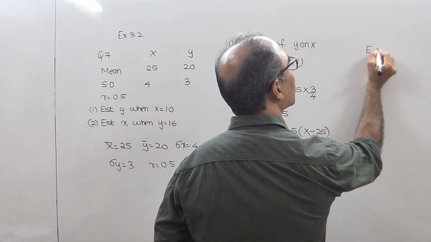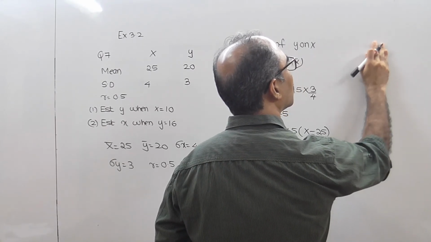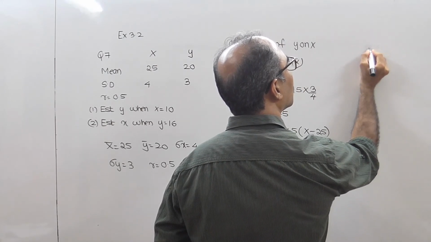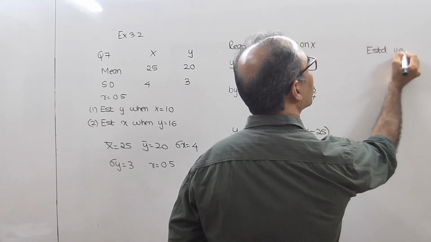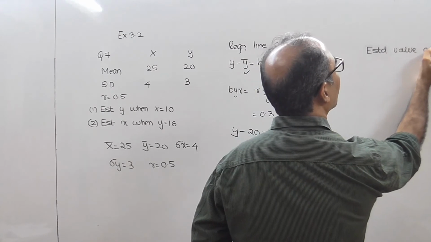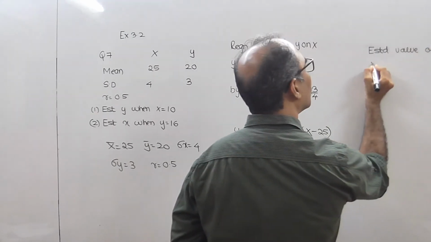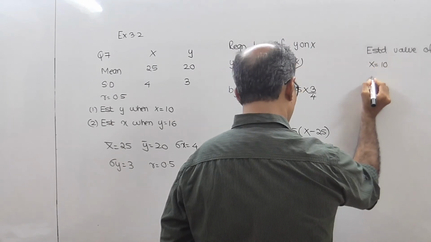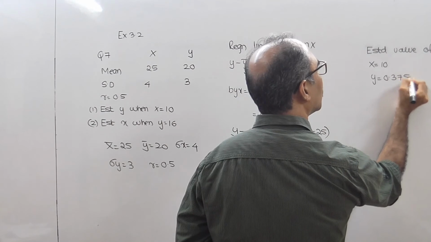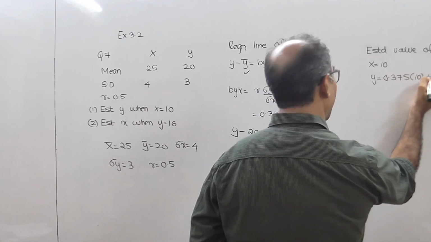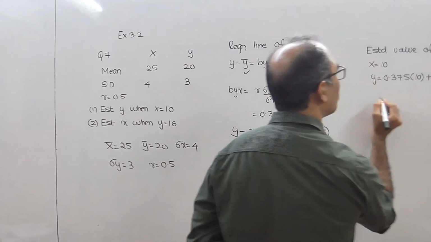So the estimated value of y when x equals 10: y equals 0.375 into 10 plus 10.625.